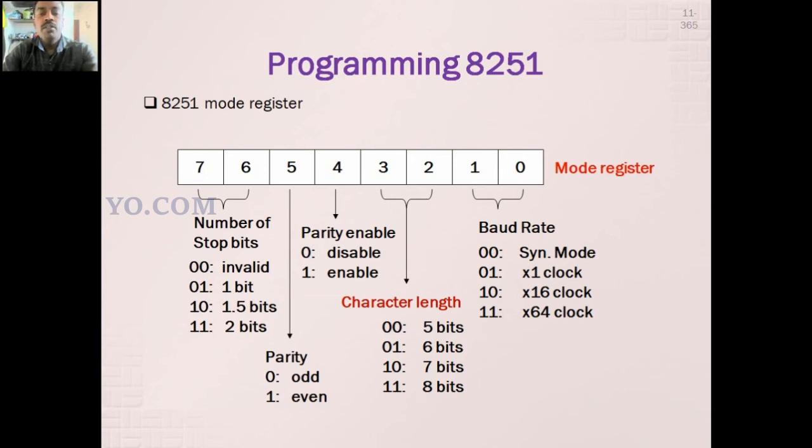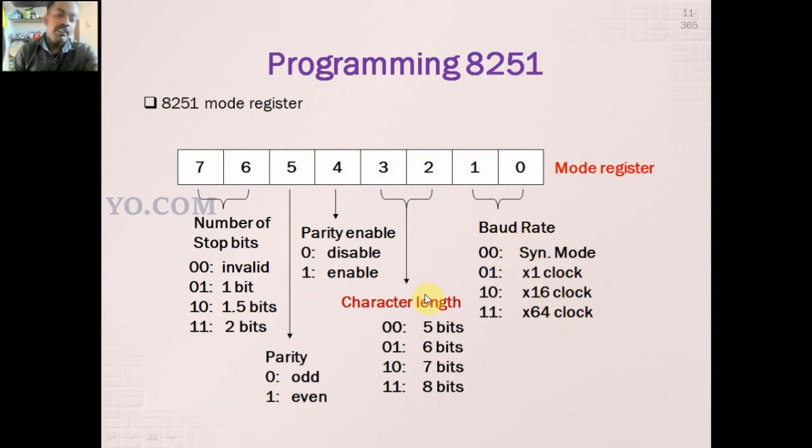Here 00 means synchronous mode. 01 means clock times 1. The speed of data transfer is based on the clock. 10 means times 16, 11 means times 64 clock. So this is the baud rate generation.